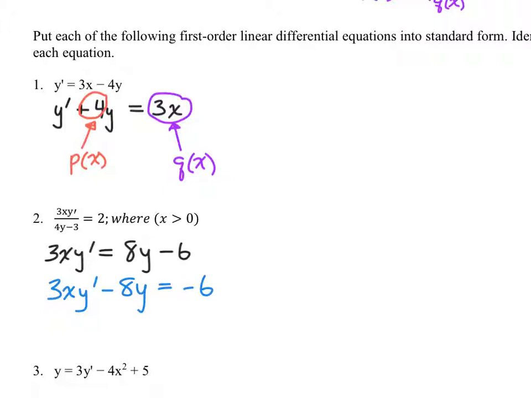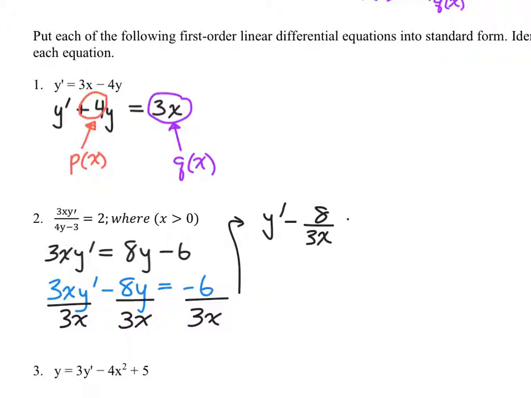If you get your y's on the same side, the only thing in terms of an approach that you need to have in mind is that the y prime shouldn't have a coefficient function. So I would just divide out the 3x from each part. And I'd be looking at y prime minus 8 over 3x y is equal to negative 6 over 3x.